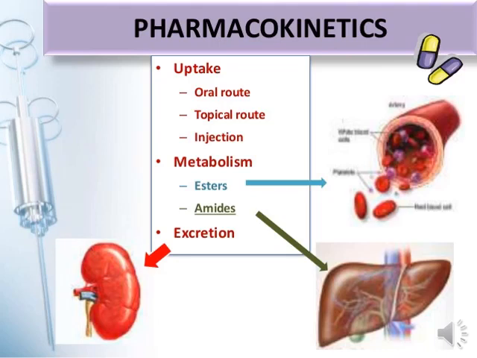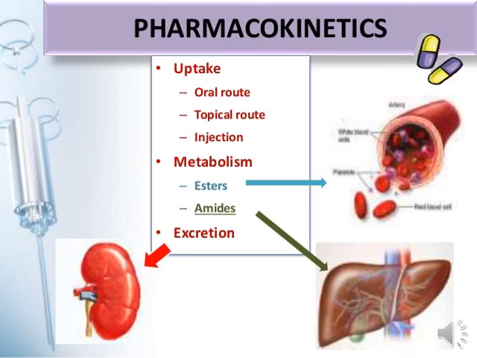The ester local anesthetics, which include cocaine, procaine, amitocaine, and benzocaine, are metabolized by the esterases that are present in the plasma and the liver. Now we come to the amides. The amides, which include lignocaine, prilocaine, bupivacaine, mepivacaine, and thidocaine, are metabolized by the amidases that are present in the liver.